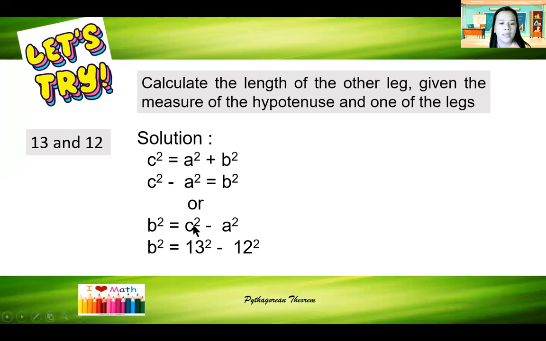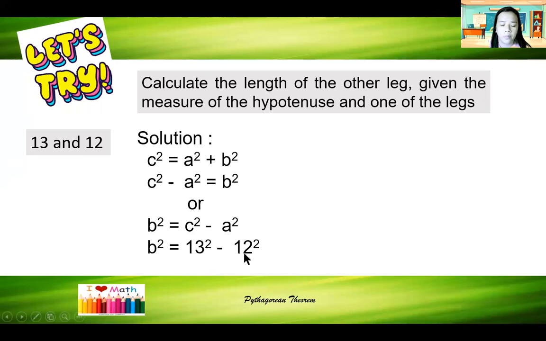You have the solution. You have c squared is equal to a squared plus b squared. So you have c squared minus a squared is equal to b squared. Or you have b squared is equal to, pareho lang sila, c squared minus a squared. So you have the hypotenuse, that is 13, and you have the other leg, which is 12.